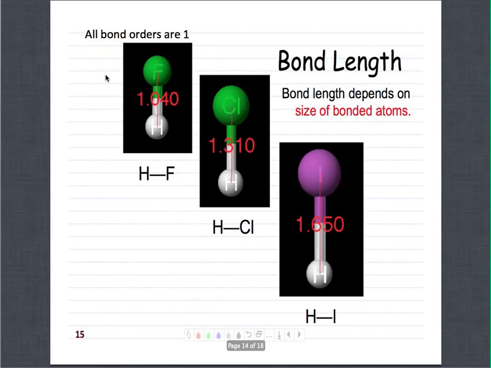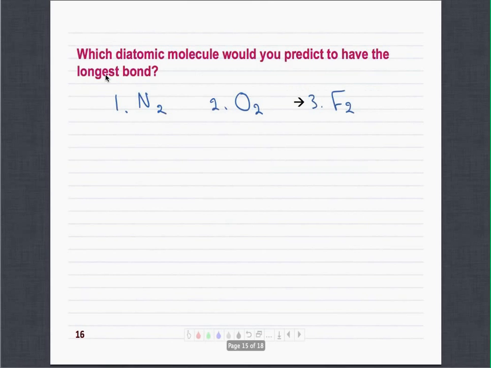Now let's do a clicker question about that, and it is going to be numeric.